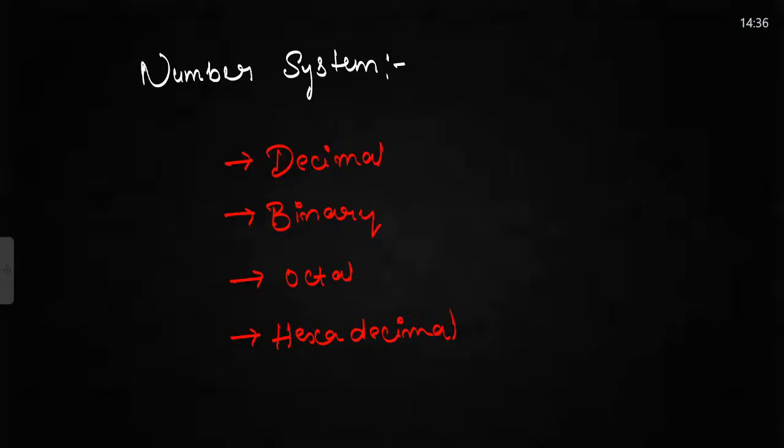So these are the four types of number system that we are having. So we know that the decimal number system base is 10, binary number system base is 2, octal is 8, and hexadecimal is 16.